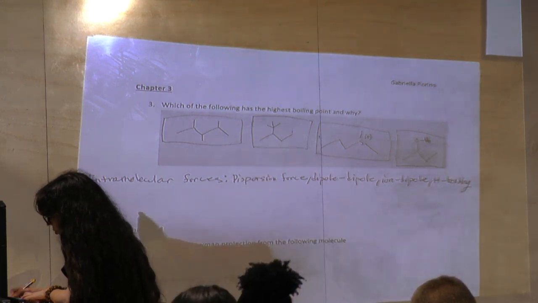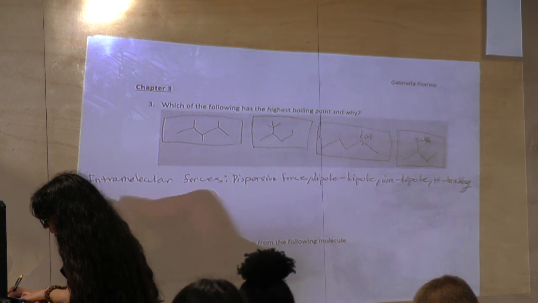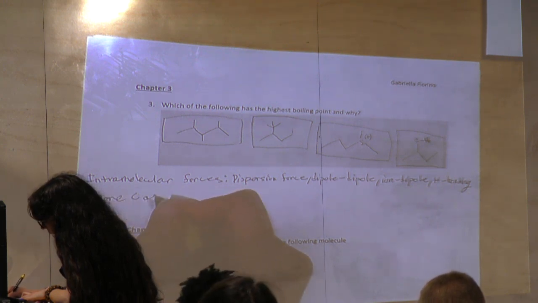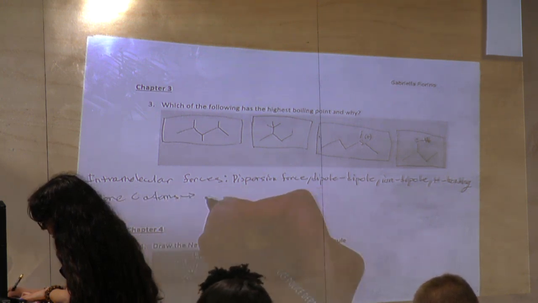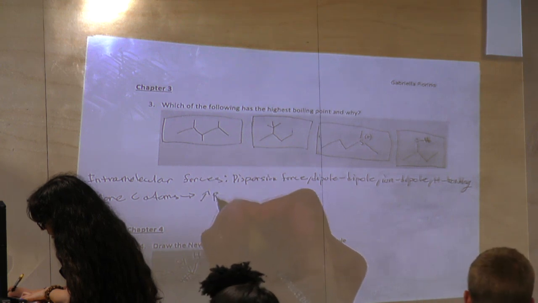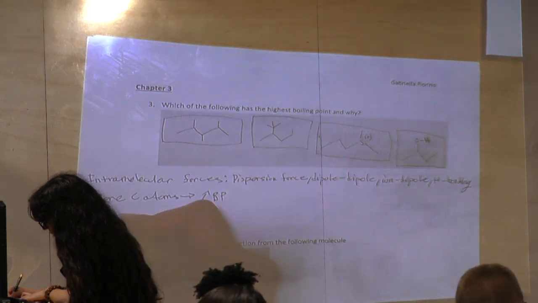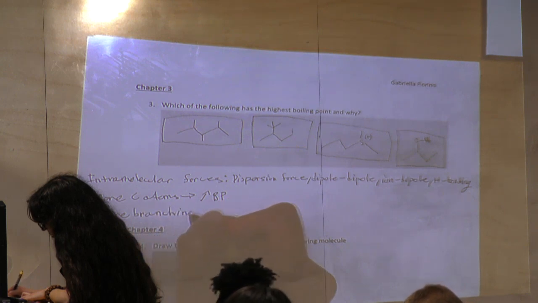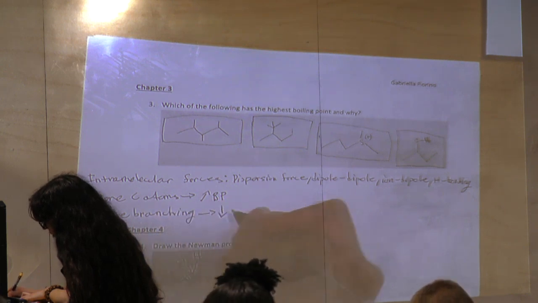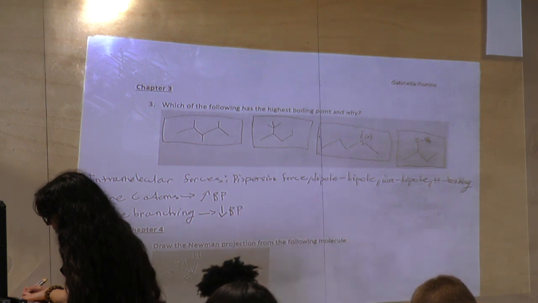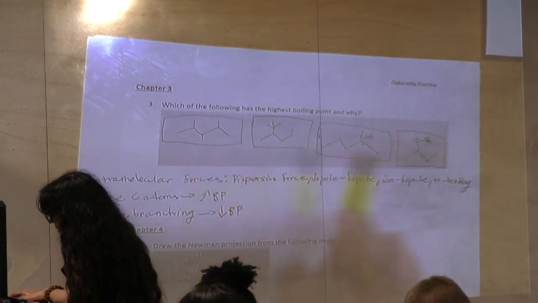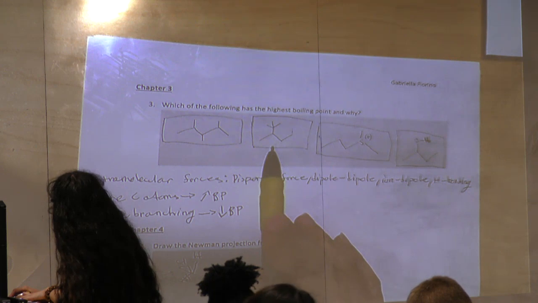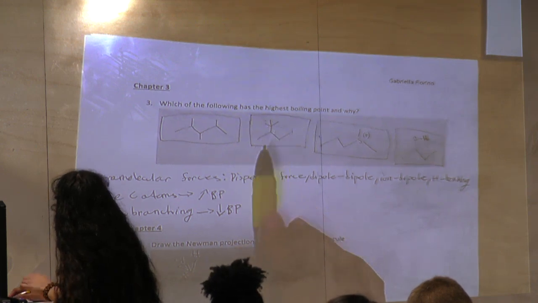Other things that contribute to a high boiling point is more carbon atoms gives higher boiling point, but more branching leads to lower boiling point. So out of our options here, we see that this one has this big branch.